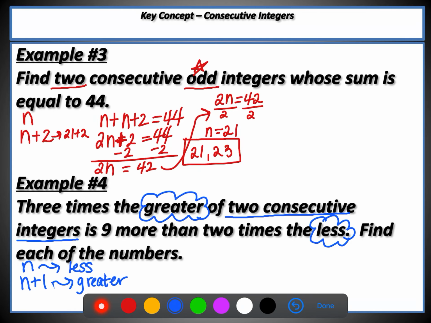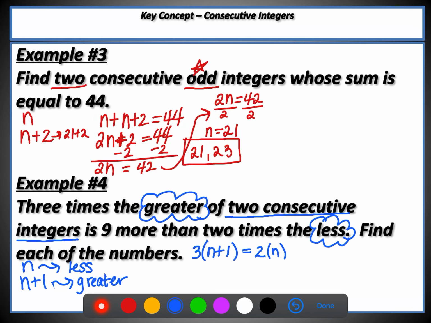All right, and now we're just going to translate the equation. 3 times the greater. 3 times the greater. We just want to make sure that we use parentheses so that we multiply the entire expression. Okay, is 9 more than 2 times the less. Okay, so 2 times the lesser.